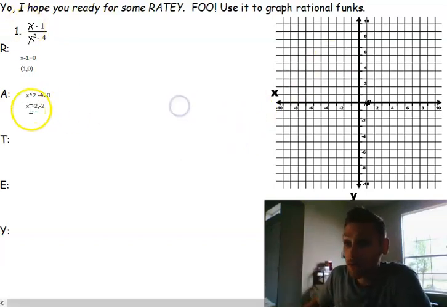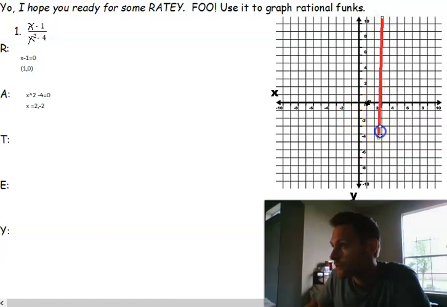And so that means these are going to be our vertical asymptotes. Let's do that in red. So we're going to have one at positive 2, and one at negative 2.